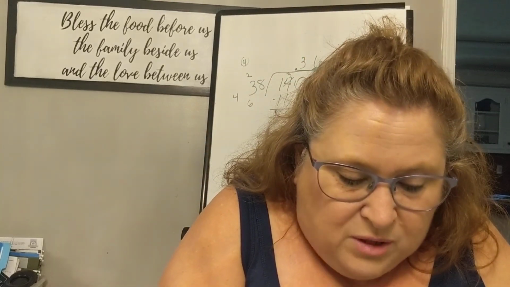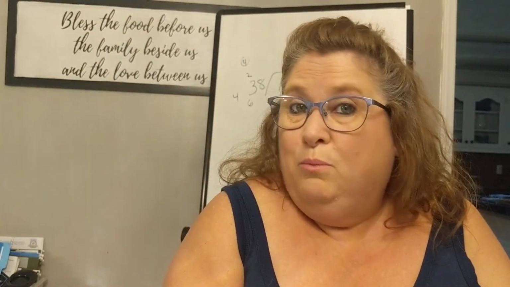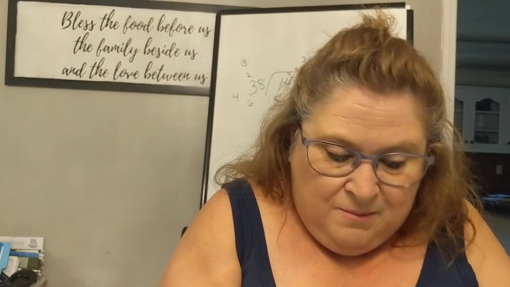So you're going to have to take your 6 pounds and 4 ounces and convert that to all pounds, okay? And then you will multiply that answer times what the cost per pound was of $4.48.